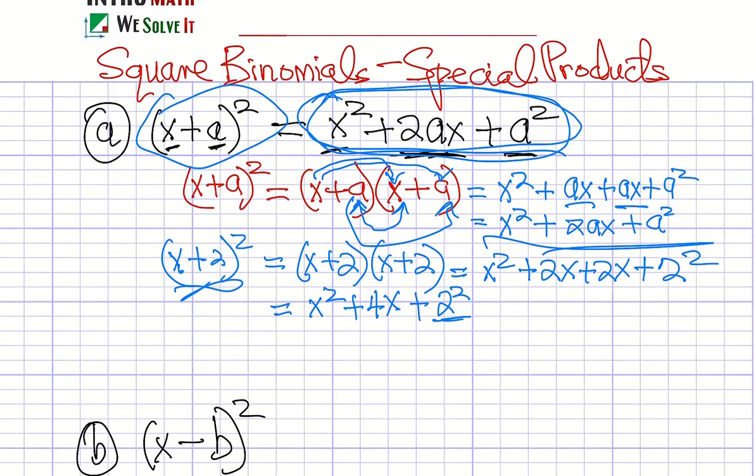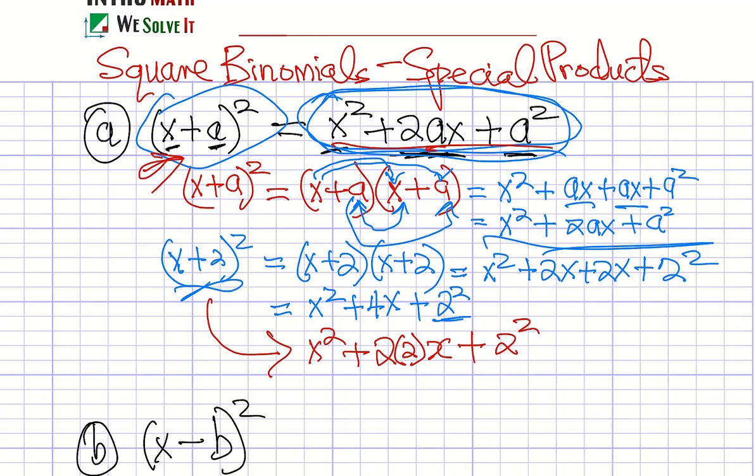Using this formula, you get x squared plus 2 times a, which is 2, so 2 times 2x, plus 2 squared. You see that I'm using the idea here.